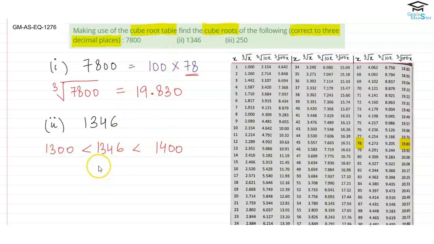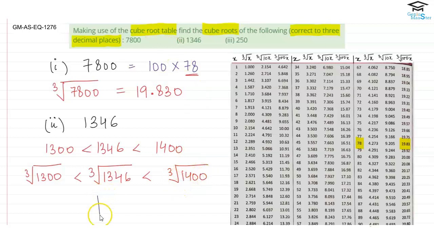So we can say that cube root of 1346 lies between cube root of 1300 and cube root of 1400. First we will find the cube root of 1300.